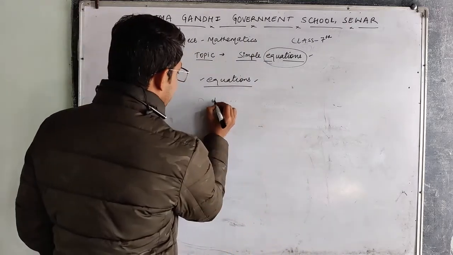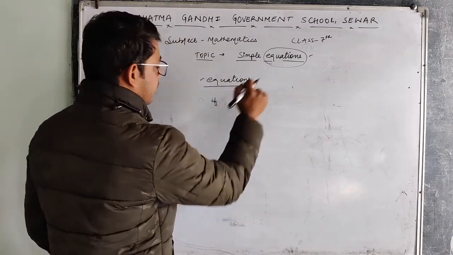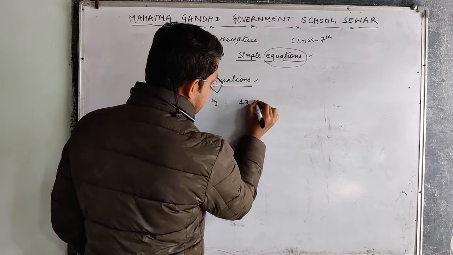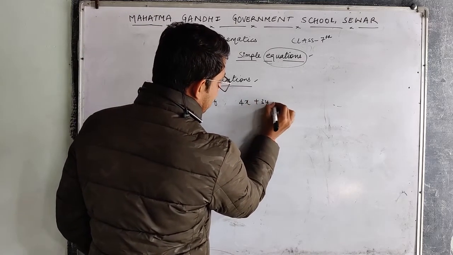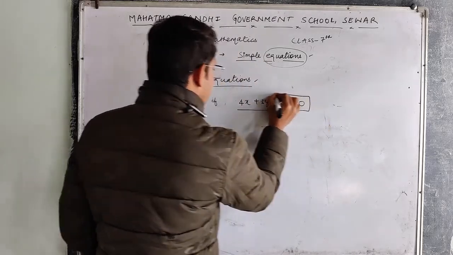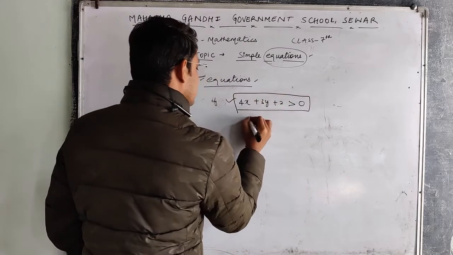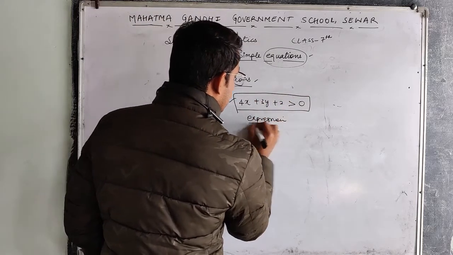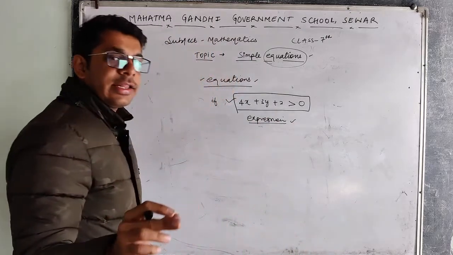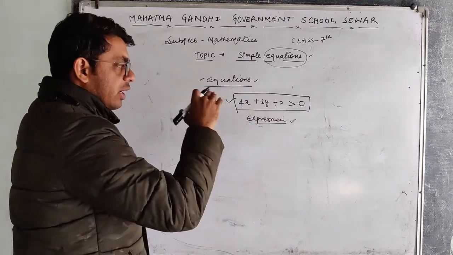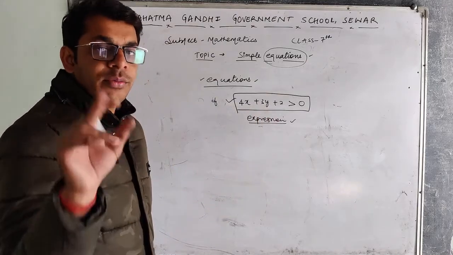Now we are going to discuss the use of these variables and constants. If I say 4x plus 3y plus 2 greater than 0, this will be called an expression. Expression means any data which has two things.